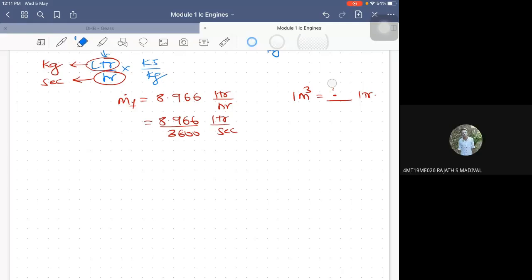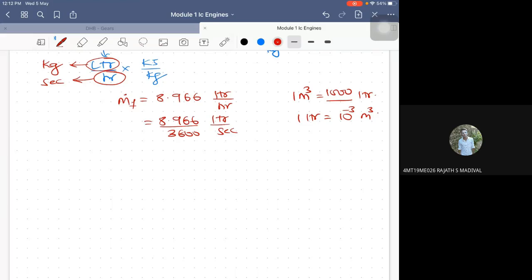Very good. So 1 meter cube is 1000 liters. Similarly, 1 liter is equal to 10 to the power of minus 3 meter cube, just transferring 1000 to the other side. Correct?